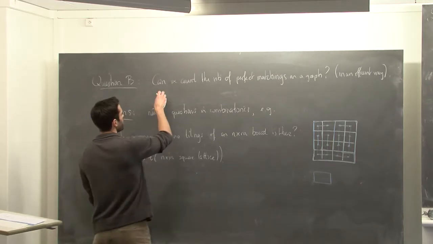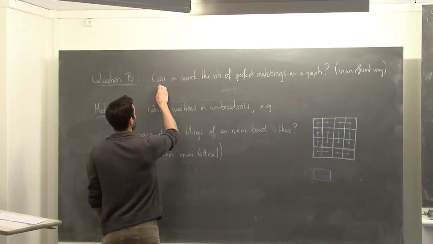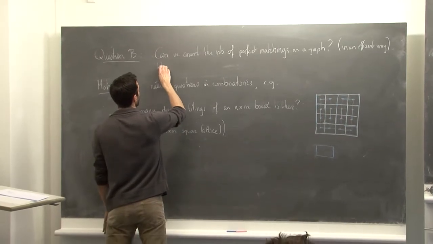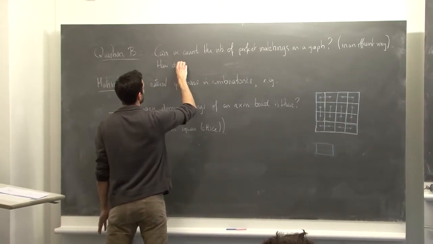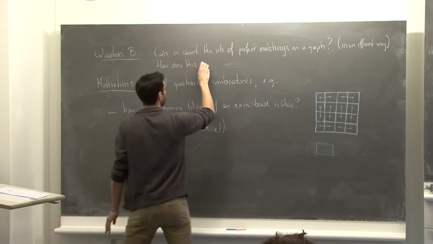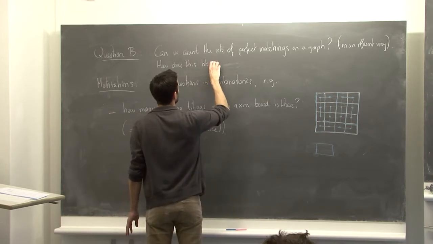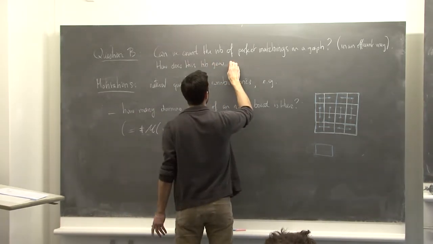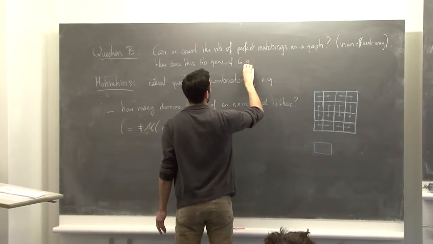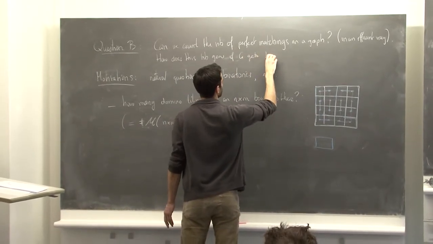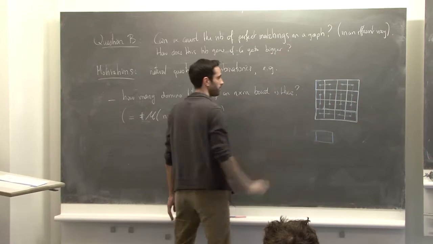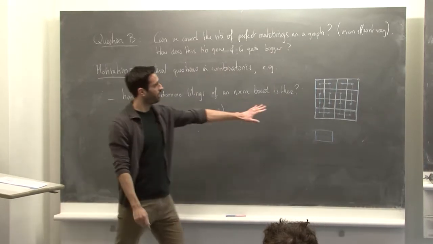And maybe I'm just going to also write here, how does this number grow? This is, of course, not precise at all. How does this number grow if G gets bigger? Not precise at all, but of course, here you can imagine it.